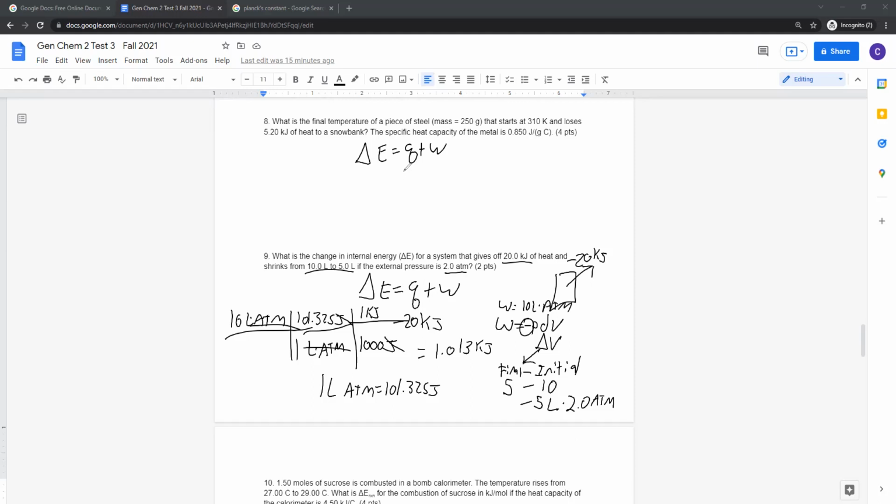It's getting a little messy. So heat was -20. Work was positive 1.013. So my change in energy for this system is -20 plus 1.013. My delta E is -18.99 kilojoules. So that's how you do that problem.